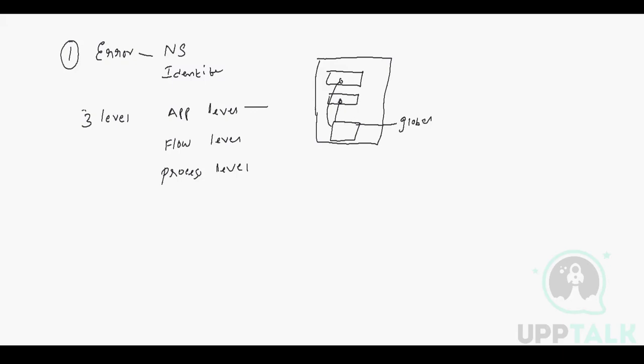Flow level means each flow has a separate error handler section. If you define error handling logic in the flow's specified space, that is called a flow level error handler. Processor level means we wrap the processor inside a try block. The try block has a dedicated error handler section.